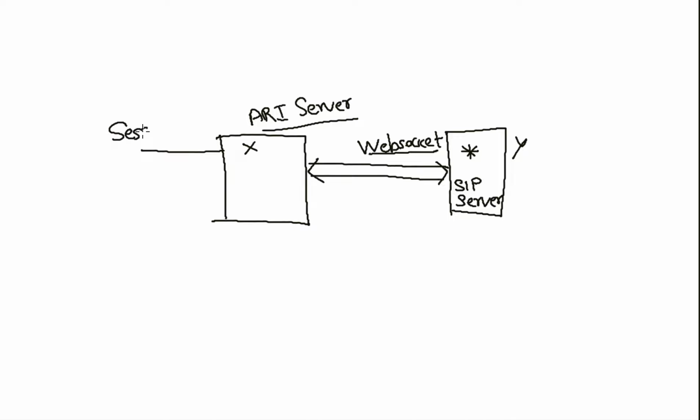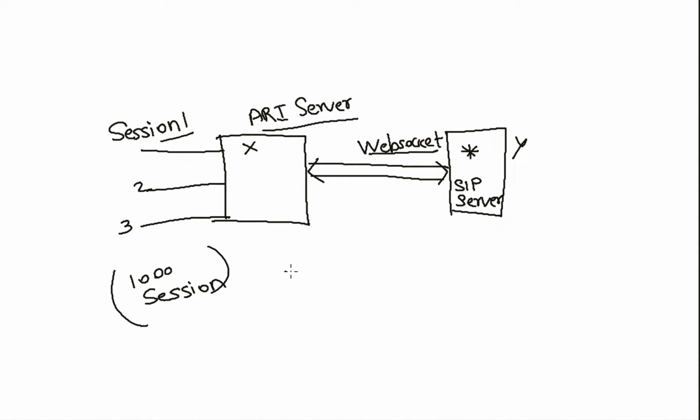Okay, so for, let's say, the first phone call, there is session 1. For the second phone call, this is session 2. For the third phone call, session 3. So likewise, if there are 1,000 calls going on simultaneously, then there will be 1,000 sessions running on this server, and the event from the SIP server can come for any of these sessions.